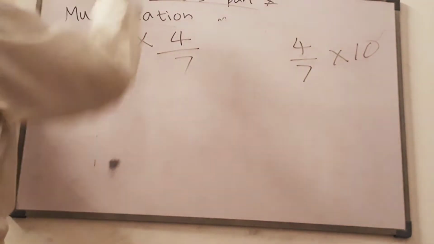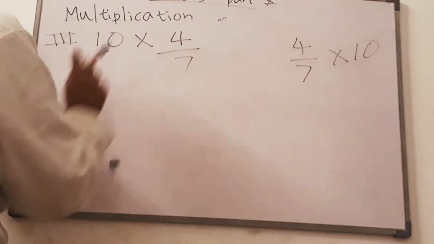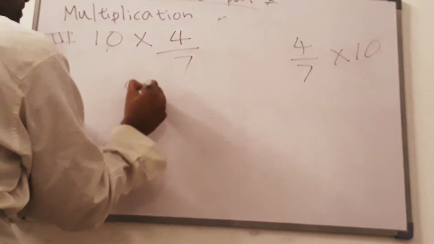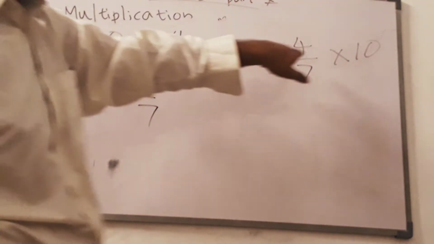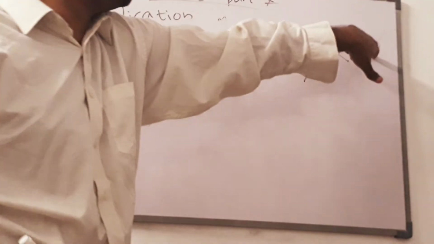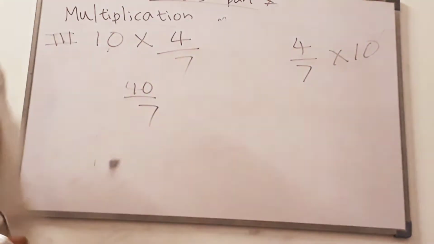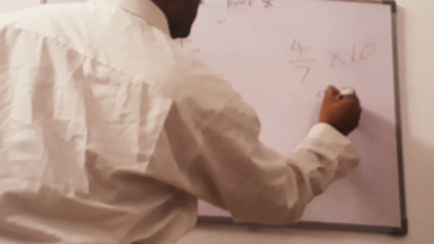So we multiply 10 with the numerator. 10 times 4 means 40 over 7. Here also 7 and 10 have no common factors, so we multiply 10 by the numerator. 10 times 4, 40 over 7.